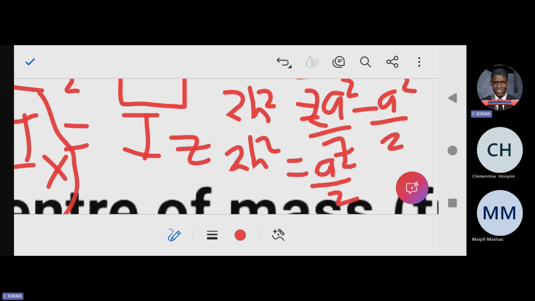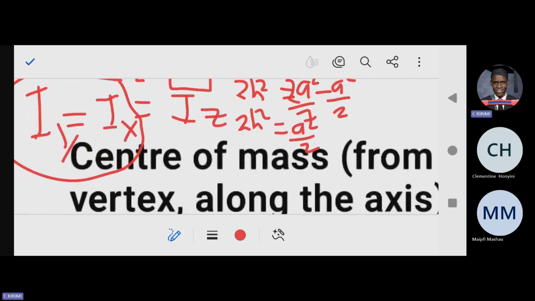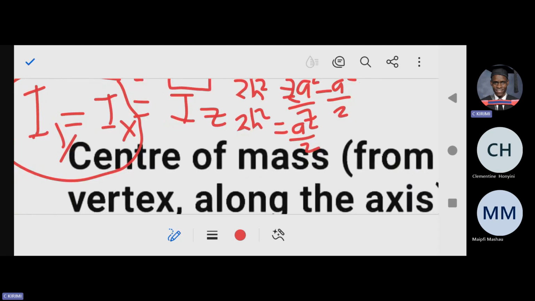But did she say 1 over 2 times A squared, or did she say half? I just said half. That is not correct. But if you had said half times A squared, I would accept that. Oh, A squared minus half A squared. You get it? Yes. So let's agree that if you are not correct mathematically, let's agree.